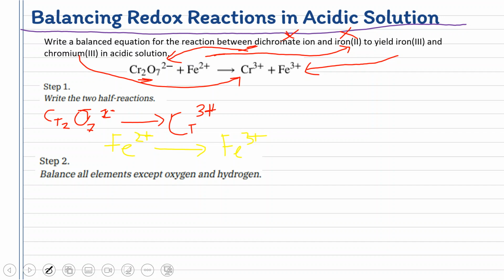I'm going to keep it consistent. Anything with the second half reaction is going to be yellow. Anything in the first is going to be red, so that we don't confuse ourselves. Let me start with the yellow. Now, iron(II) doesn't have any oxygen, so it's just going to remain the same. I don't have to do anything to it. So I'm going to write the same thing again.